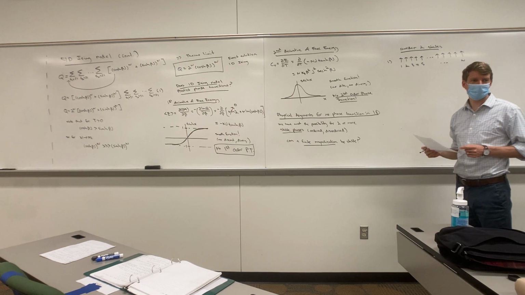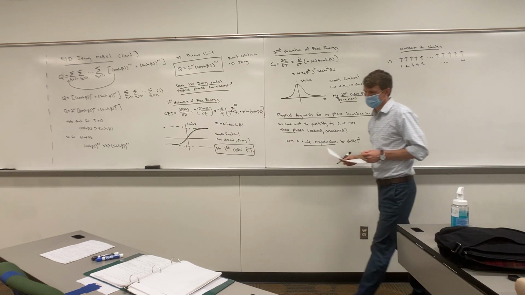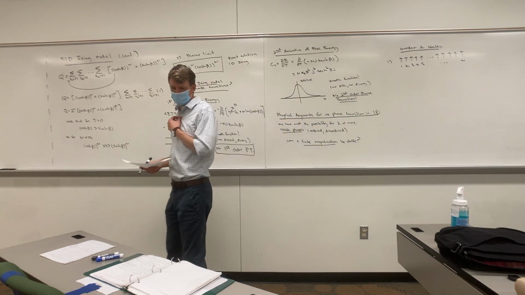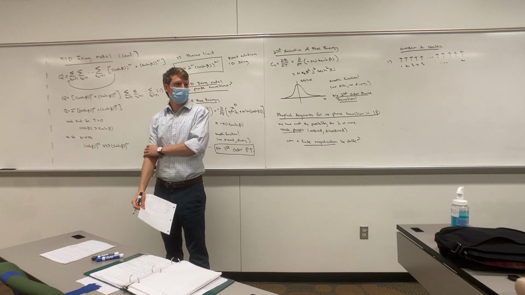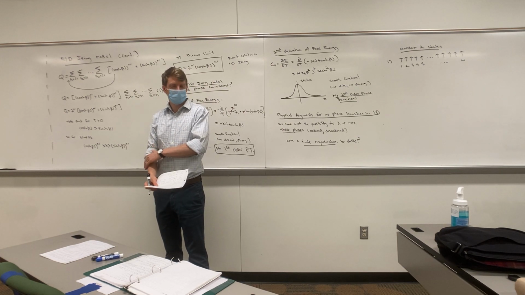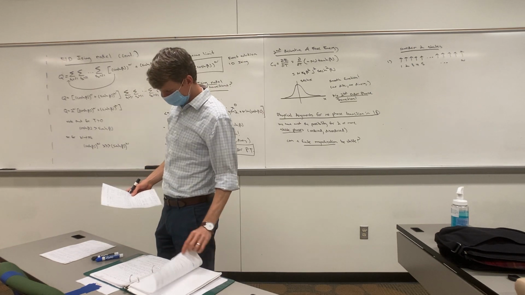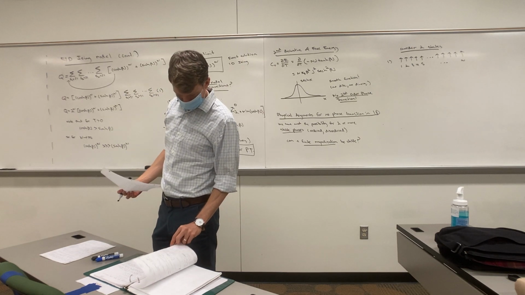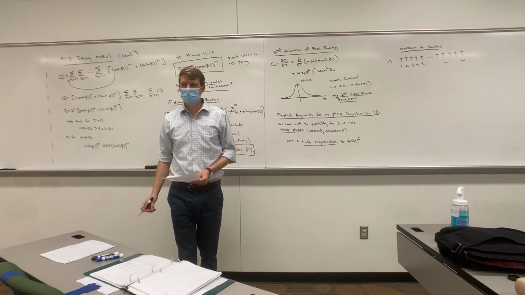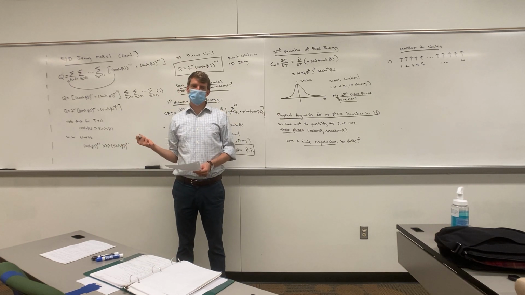If you think back to our Hamiltonian, let me write it down. What was our Hamiltonian for the system? Do you remember? We don't have an external magnetic field. Was it the individual spins plus some coupling term?